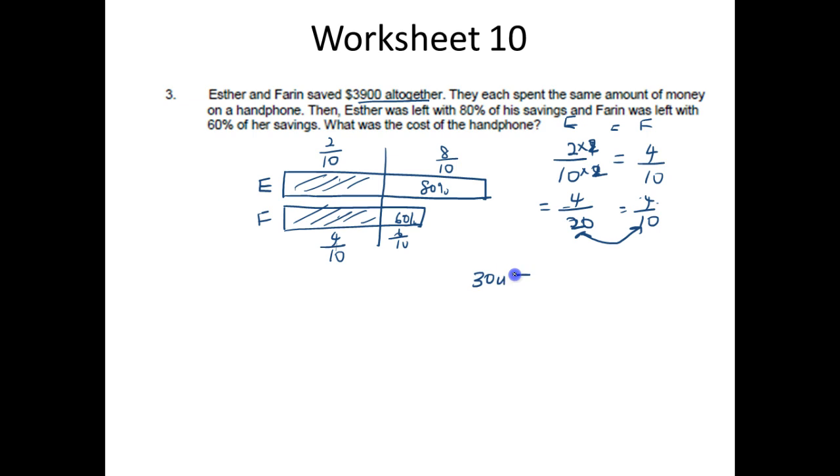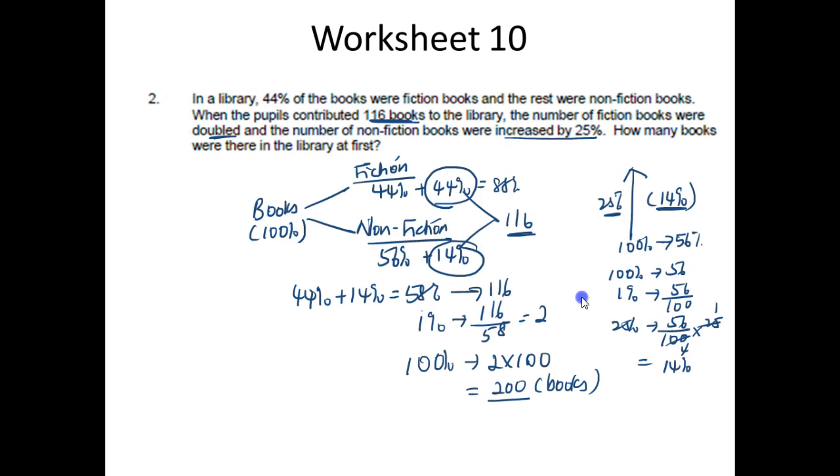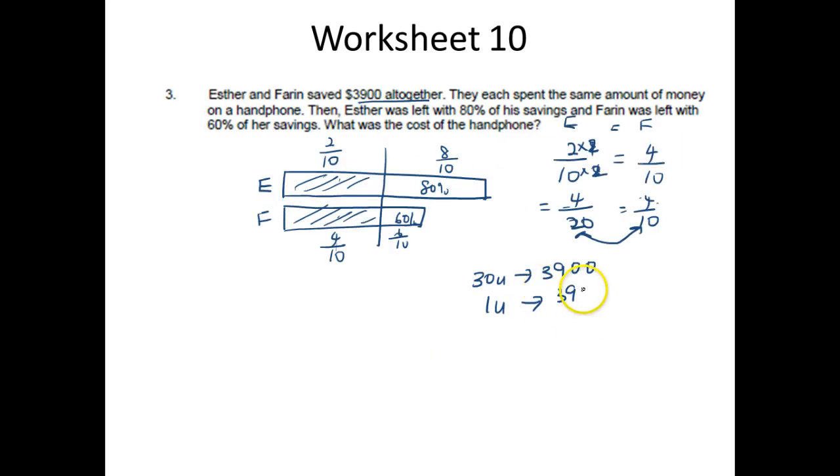So 30 units is altogether 3,900. 1 unit will be 3,900 divided by 30, and you get $130.